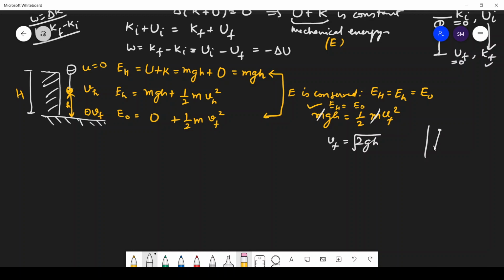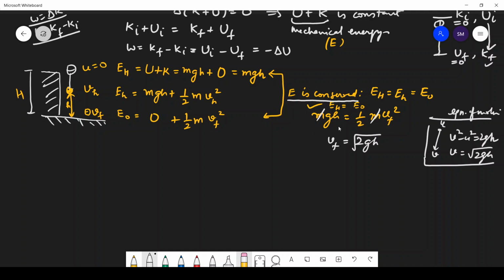from height h. You have derived this relation, v square minus u square is equal to 2gh, and u is 0, so v is equal to under the root 2gh. So what you have derived from the equation of motion, the same thing you have derived by assuming that energy is conserved.